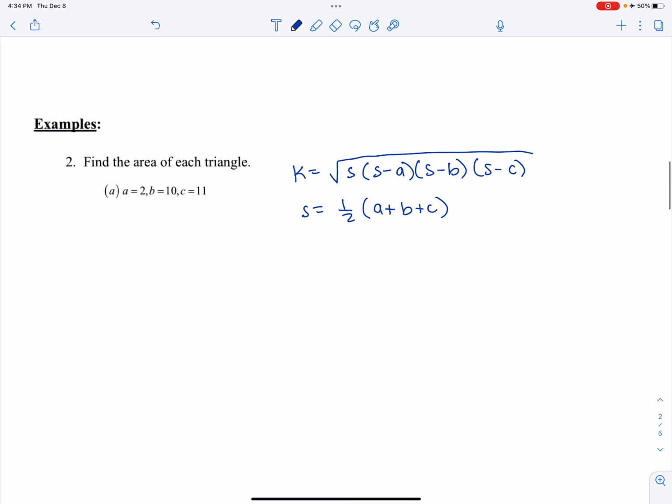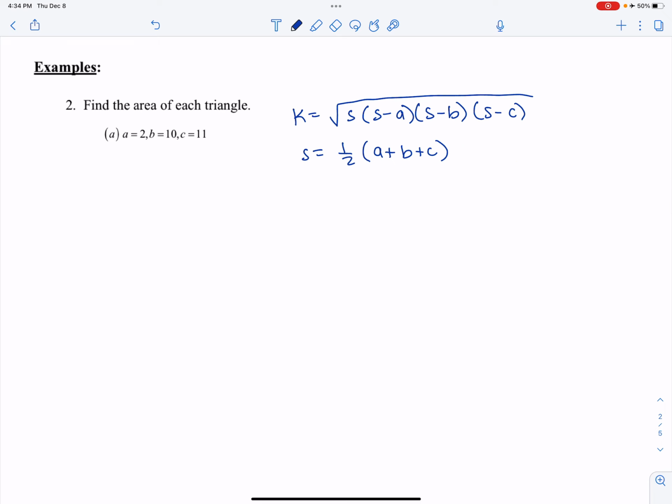So what I like to do is find S first. In this case, S is 1/2 of 2 plus 10 plus 11. And that's going to give us 11.5. So we can use that in our formula, which is going to give us the area.